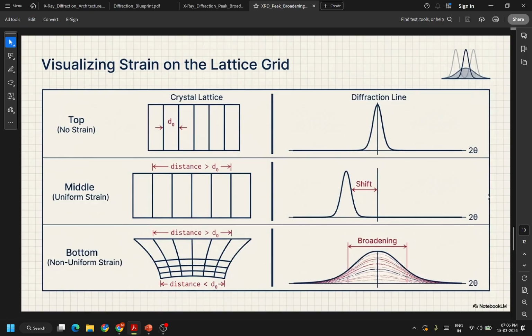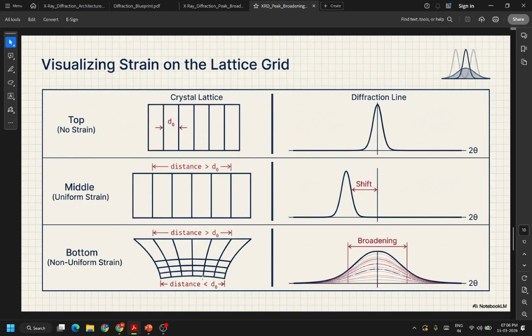If you take case 1 where there is no strain, you have this diffraction line. In case 2 you have a uniform strain in your lattice, which will result in a shift of your diffraction peak. Then in the third case you have non-uniform strain.